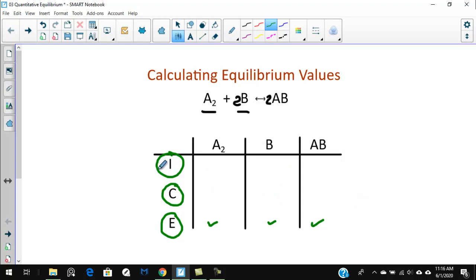It gets a little more complicated when we're not given either the change or the equilibrium value, but there is a way, and I'll take another video and we'll look at that tomorrow. I'll try and post that so you can see how you could do this without having either C or E values. But for now, these first couple of questions, we're going to look at what we can do if we're given some data about the equilibrium that's set up.